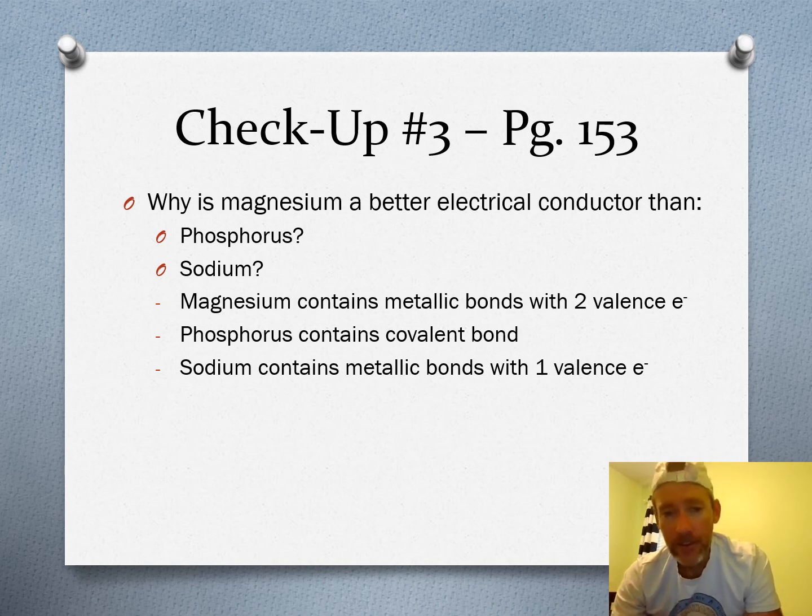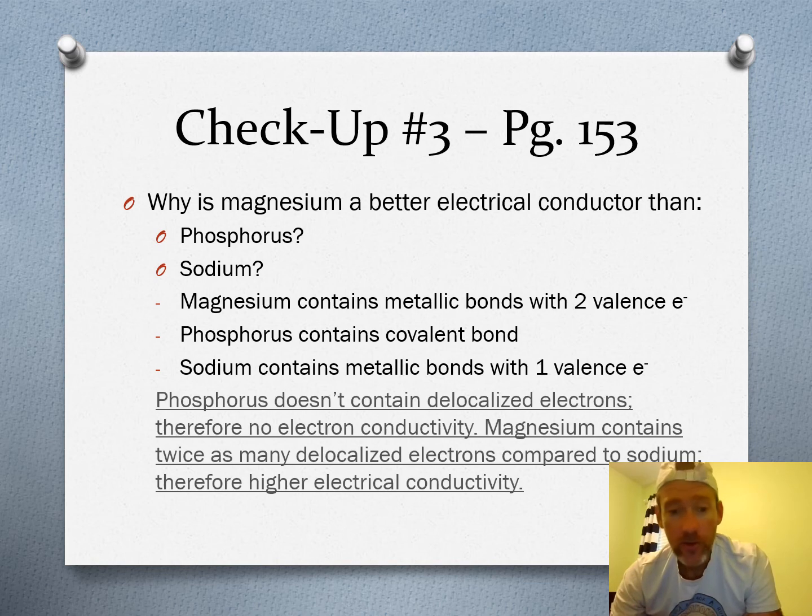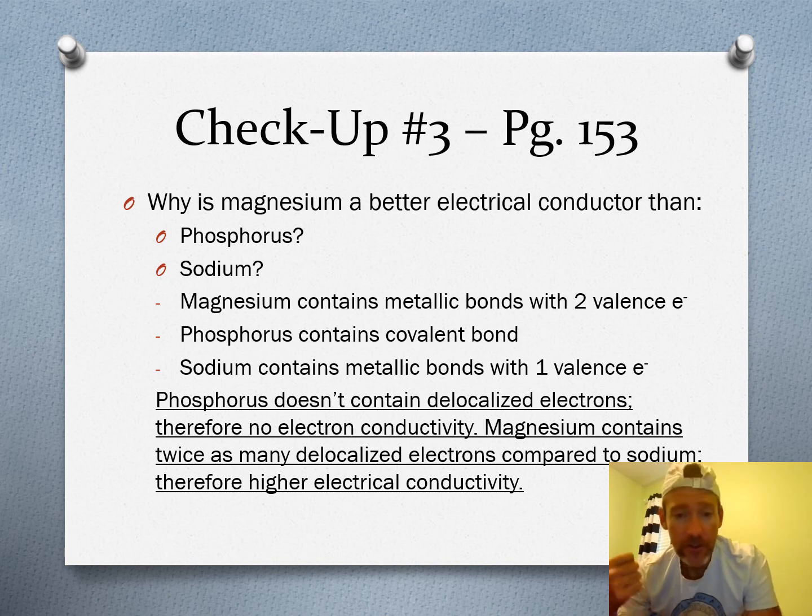So magnesium can conduct electricity. Now sodium only contains 1 valence electron. So the more sea of electrons you have, the higher the conductivity. Phosphorus doesn't have any delocalized electrons, so no conductivity. Magnesium contains twice as many delocalized electrons as sodium, therefore higher conductivity.